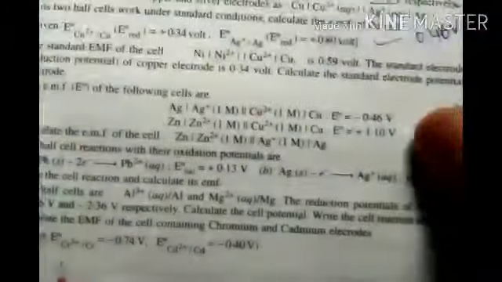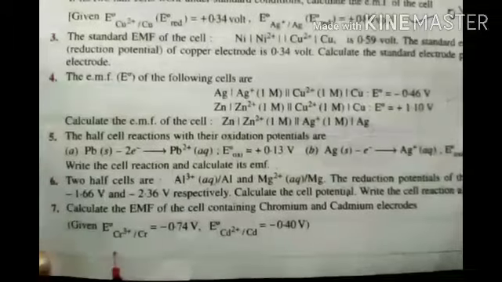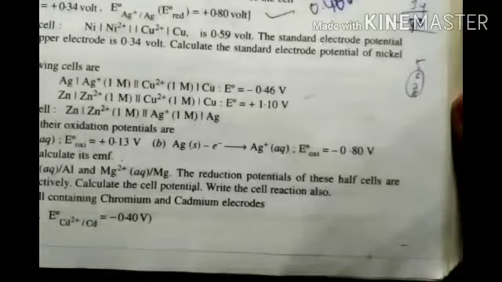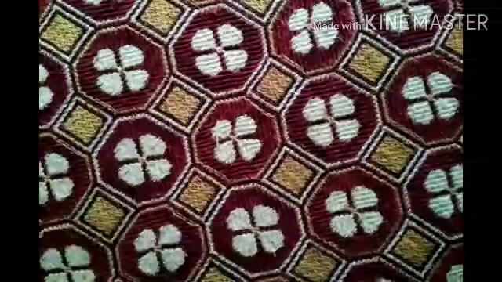These 7 questions, meaning the 4th, 5th, 6th, 7th, are 4 questions of homework. Take a screenshot here and here. Got it? From here to here. If you want answers, I will give answers also. You check it once, is it correct or not?